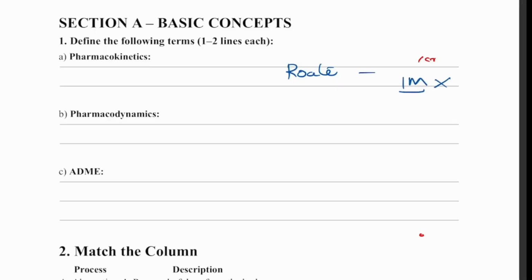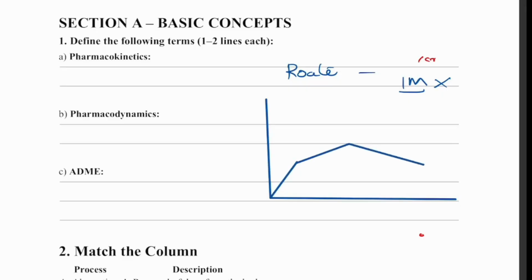You can predict the onset, peak action, duration and intensity of the action of the drug. So you can adjust the dosage in special situations so that you can reduce the toxicity also. So that is the importance of learning about pharmacokinetics.